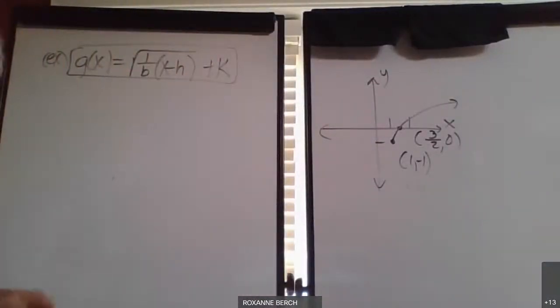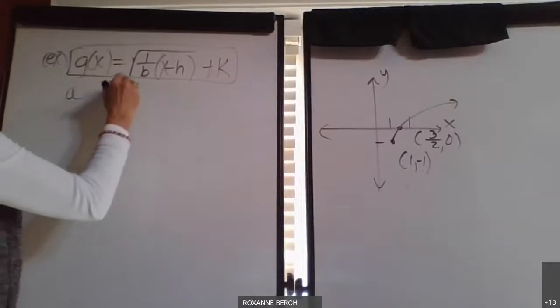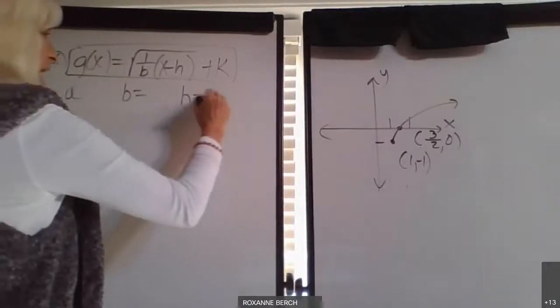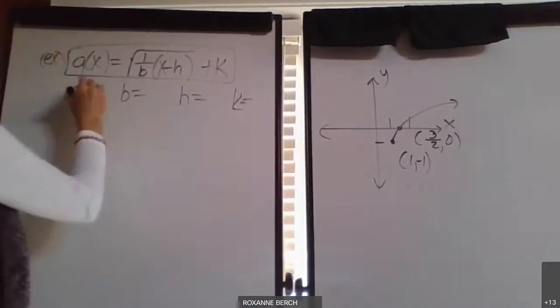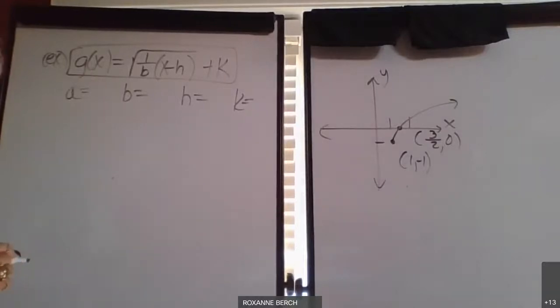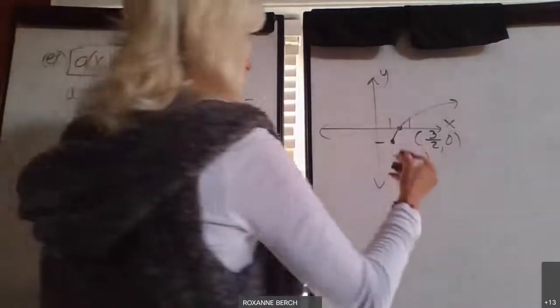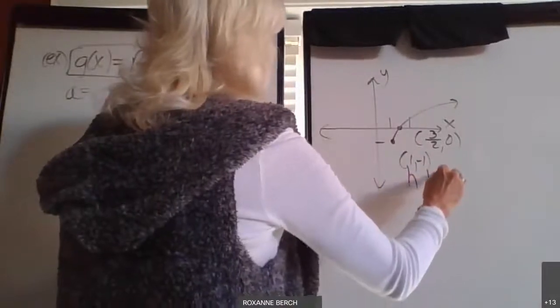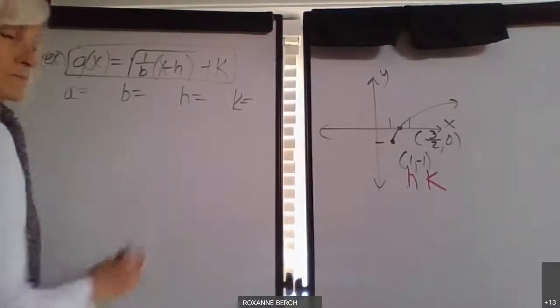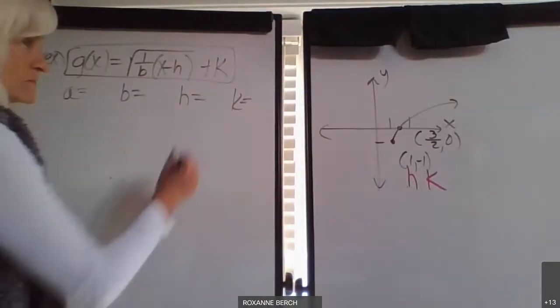All right, so as usual, we're going to find A, B, H, and K. So what's your H and K? With square root, it is the starting point, which is what? 1, negative 1.